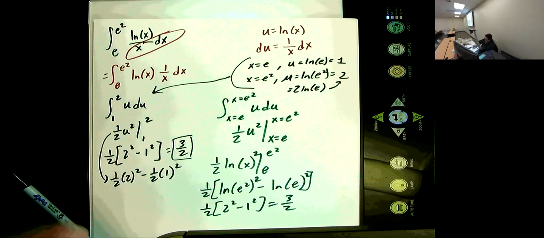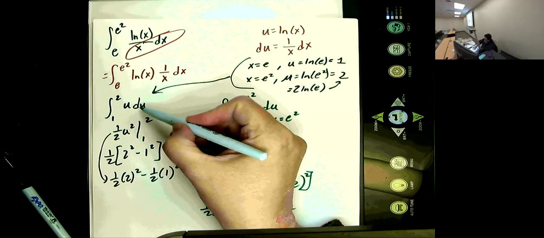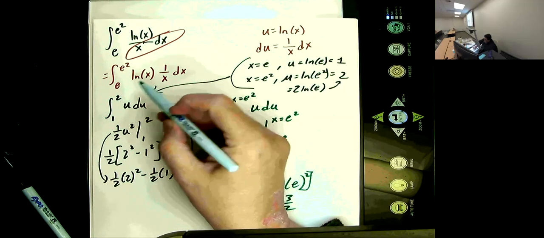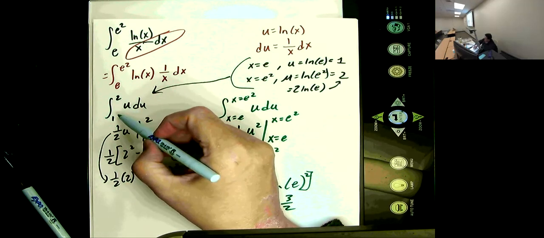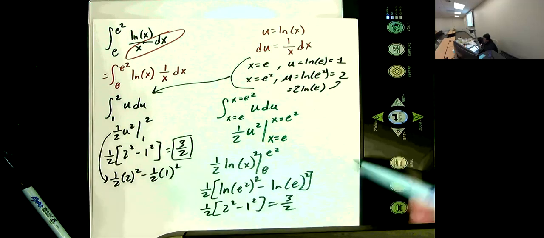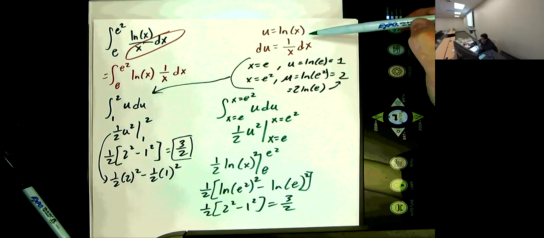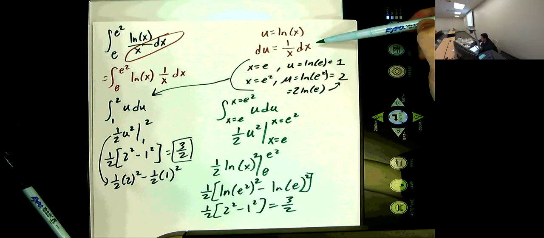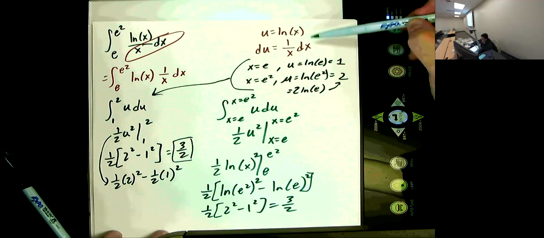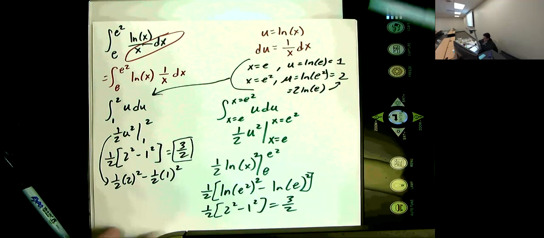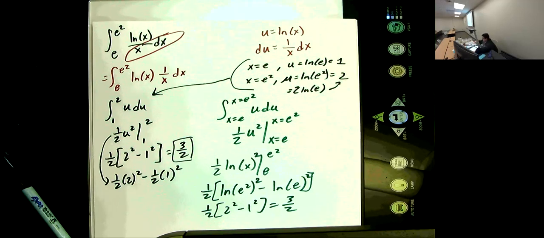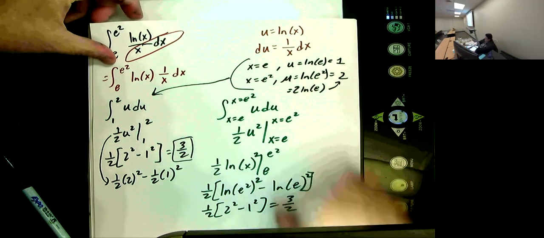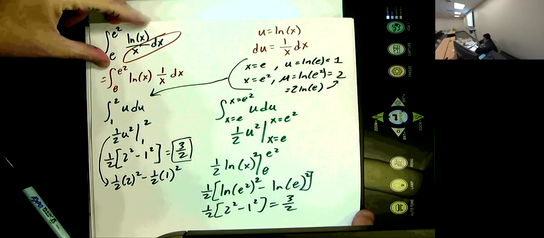Here I rewrote, like here we changed to u, but I also changed the limits to u. No, I'm talking about way earlier, when you substituted. And then you took its derivative, right? Yeah. You basically wanted it to be the same, so that you could just rewrite it to be u. Yeah. The other option you have, some students like doing it the other way, but I think if you get used to doing it like this, you'll find it saves you time.